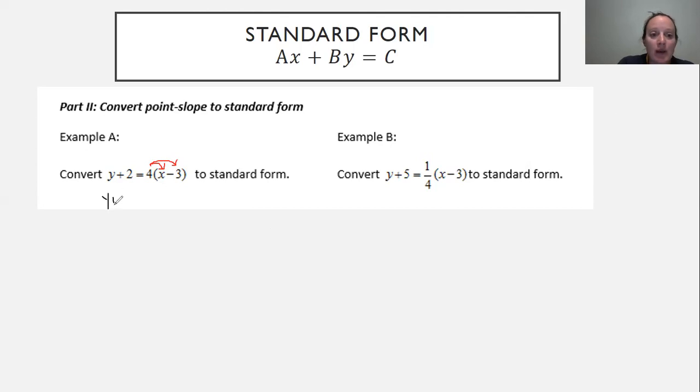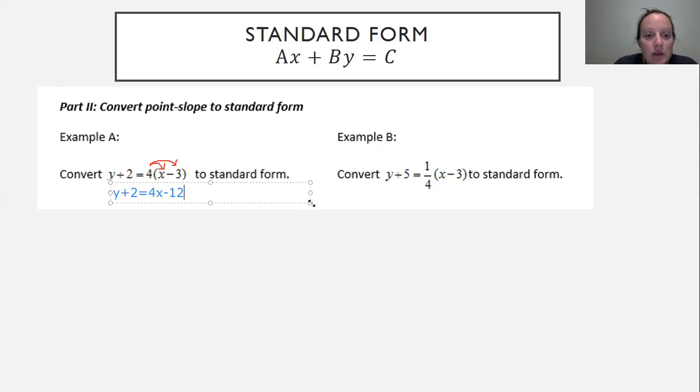So it's going to be y plus 2 equals 4 times (x minus 3). I think I am going to erase that and just type it out because my handwriting is not getting very good. So you would have y plus 2 equals 4x minus 12.